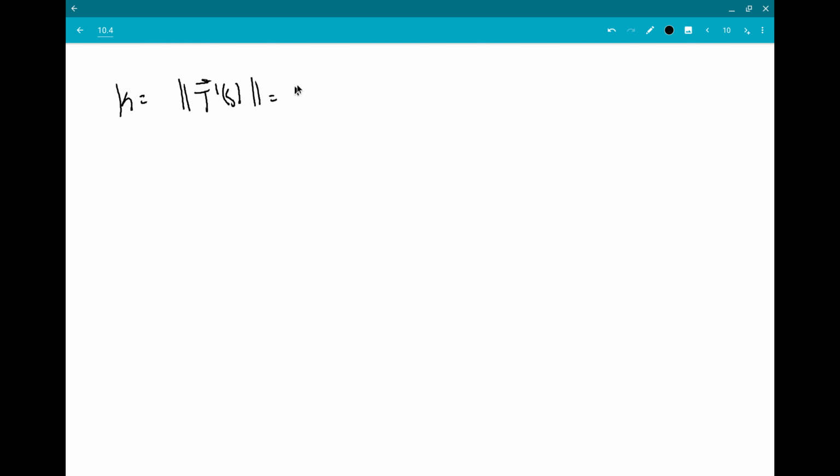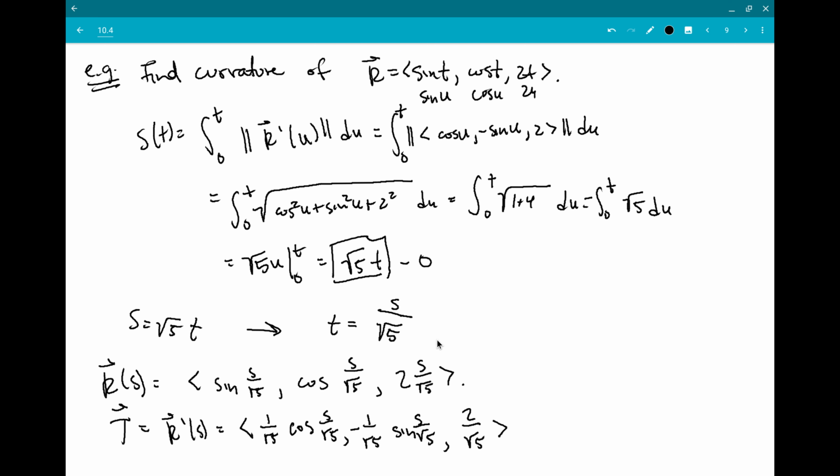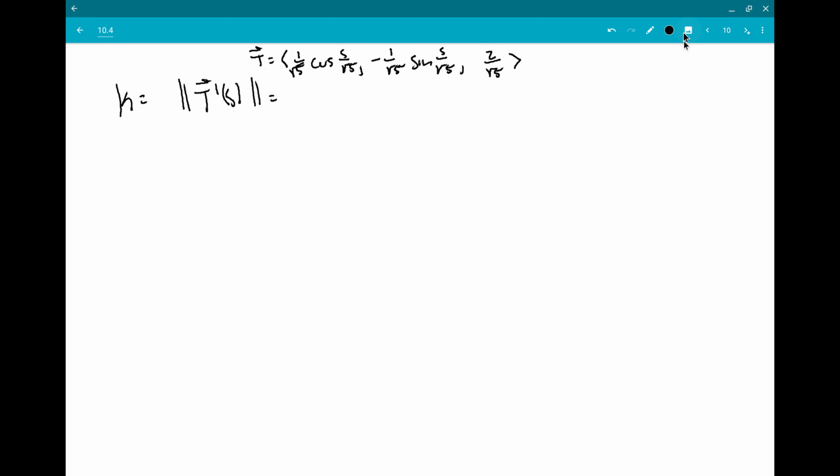Sorry, I'm going to have to copy over my T again: 1 over root 5 cosine of s over root 5, minus 1 over root 5 sine of s over root 5, and 2 over root 5. I'll go check real quick. Yes, that's right. We're good.